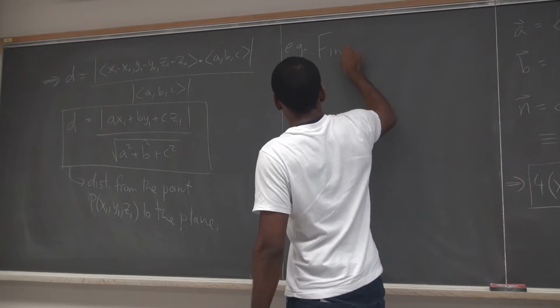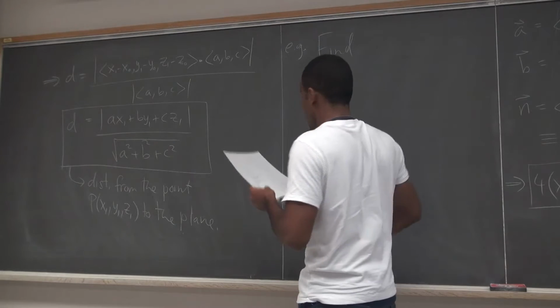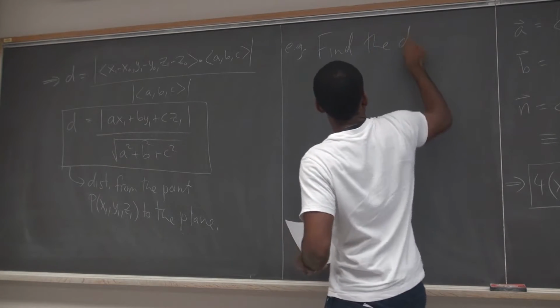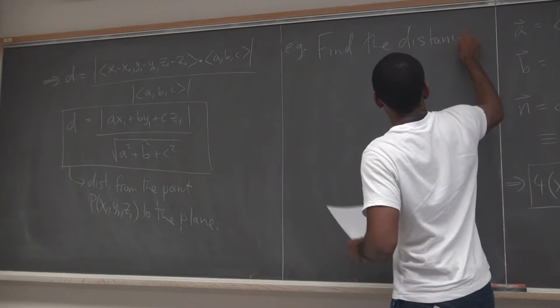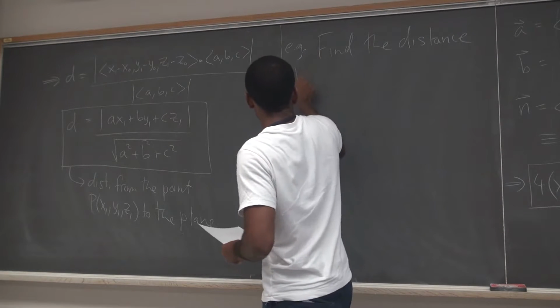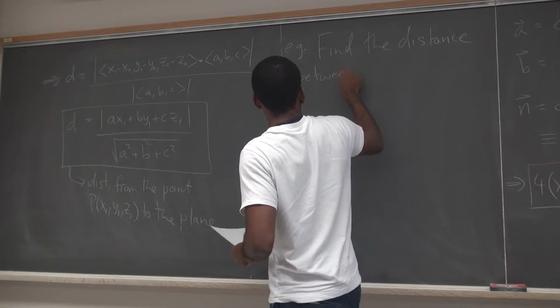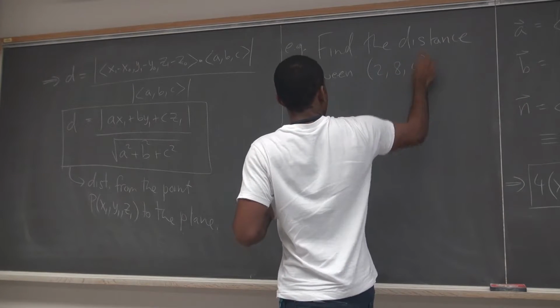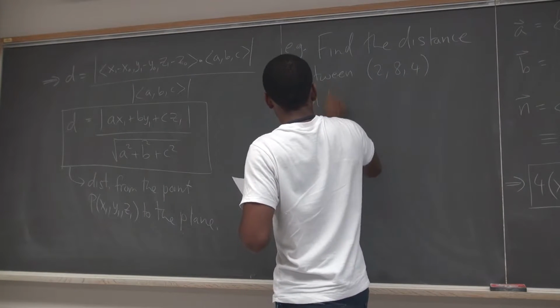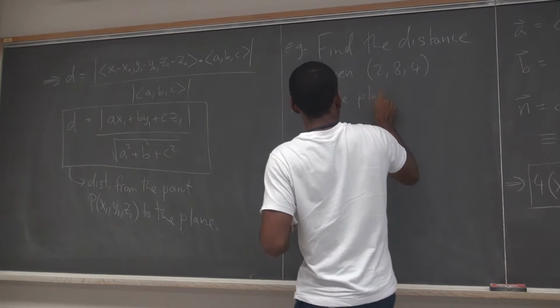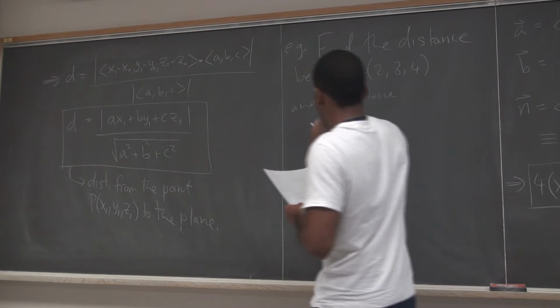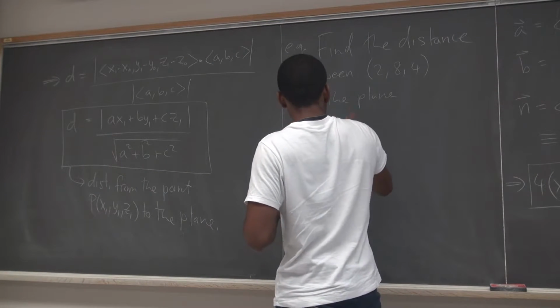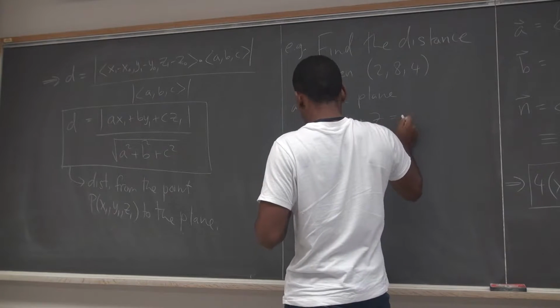You use them to find equations of stuff, come up with distance formulas. Find the distance between 2, 8, 4 and the plane 2x plus y plus 3 equals 5.